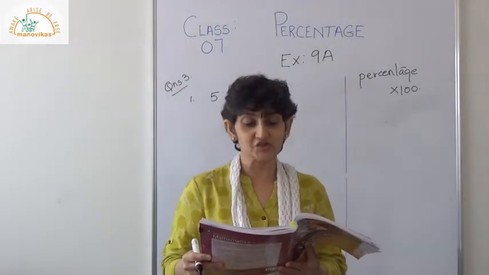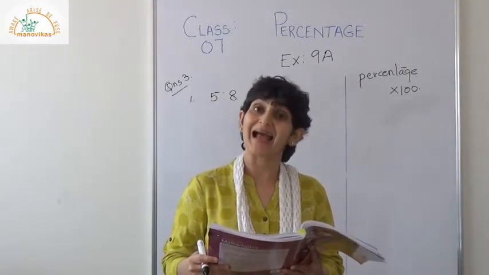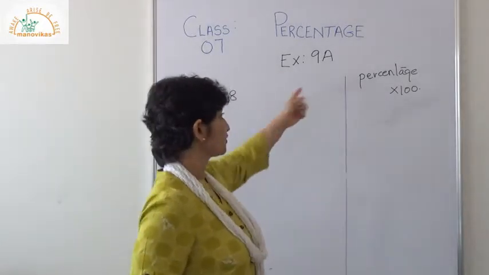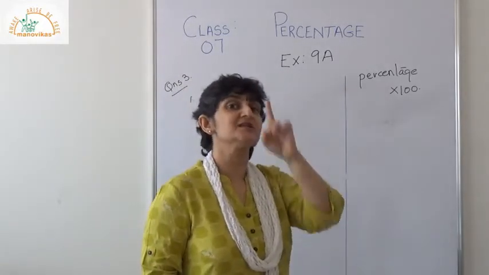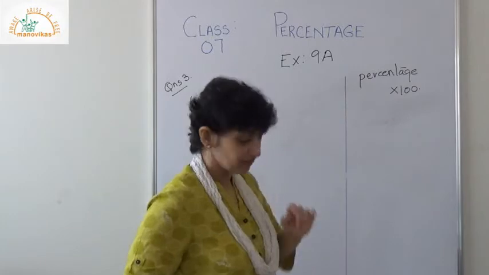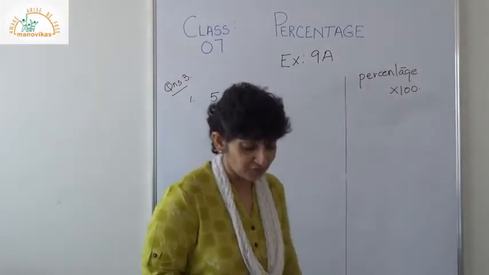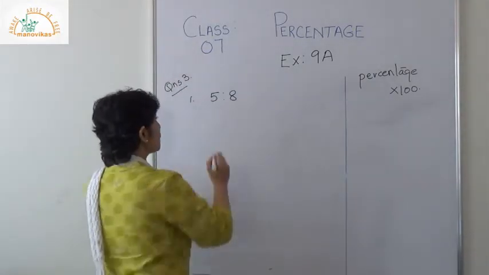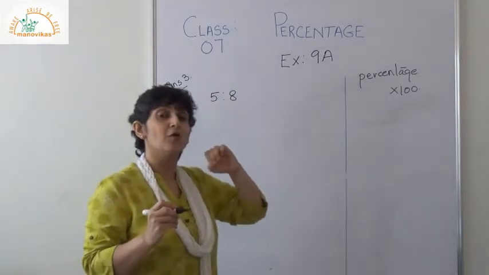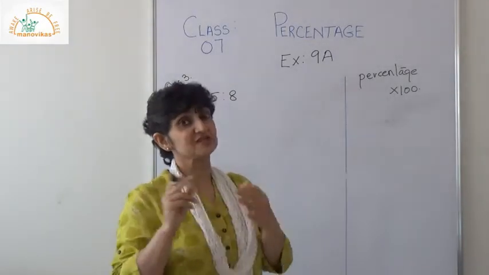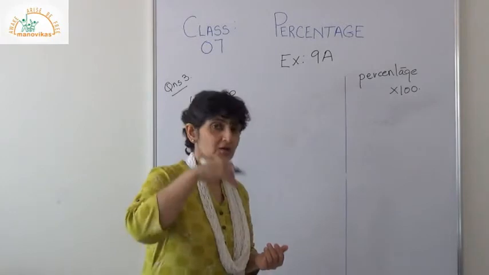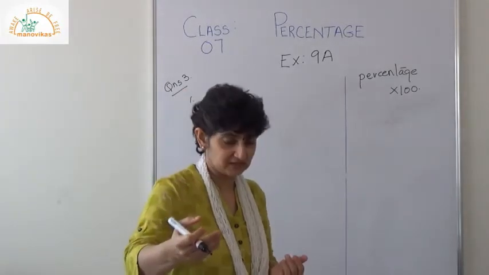Alright, now question 3 children. Express each of the following as percent. Percent means you need to multiply into 100. So your first question says 5 is to 8. Now this is in the form of a ratio. First you had a fraction, you converted it into a percentage, right?